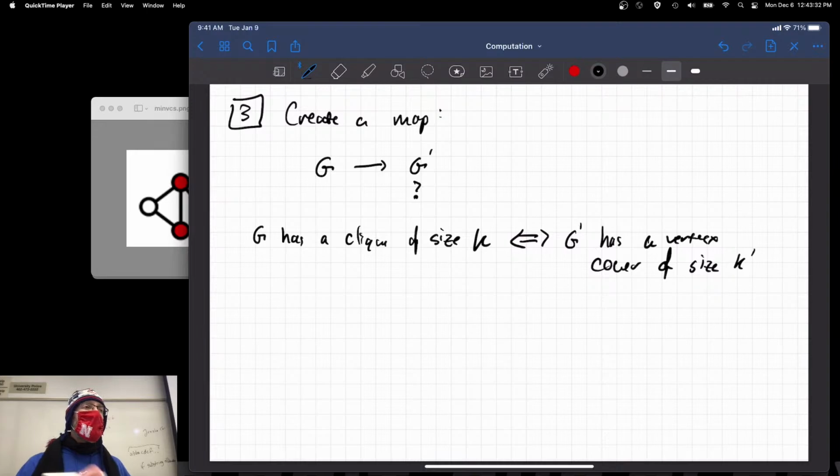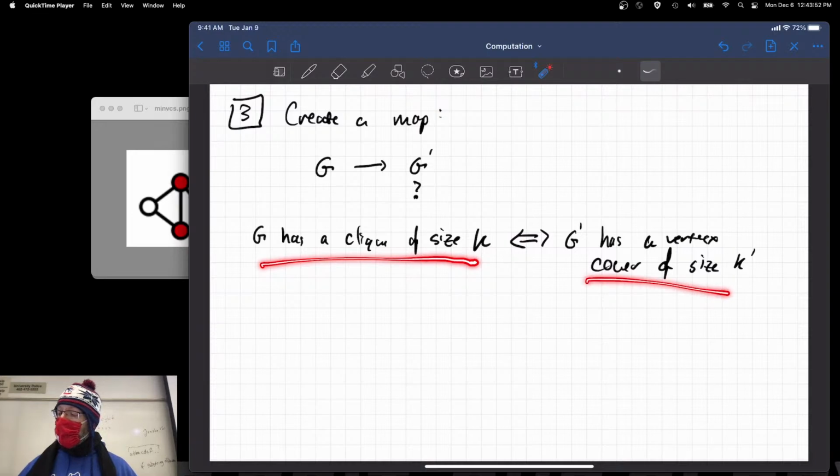When I show you the actual transformation, the actual mapping reduction, then these things will be identified. What is G prime and what is k prime here? But this is the property that we want. If solutions are preserved, and when you run it through this mapping reduction it has a vertex cover if and only if this, then why is this good?